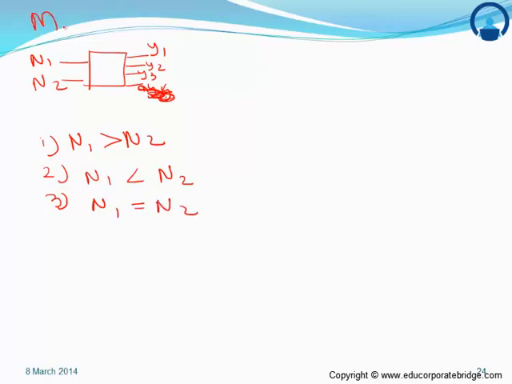Now these are the two numbers n1 and n2. There might be three possibilities. The first is n1 greater than n2. Second is n1 less than n2. And the third is n1 equal to n2. This is the magnitude comparator.